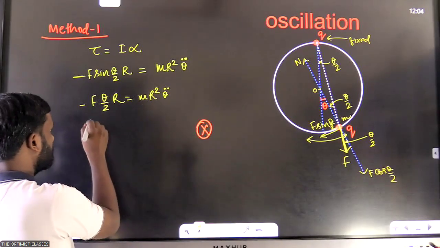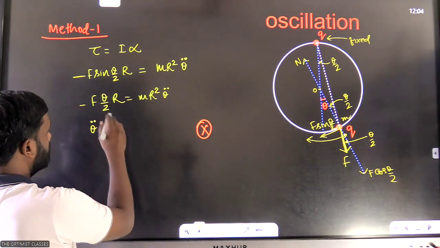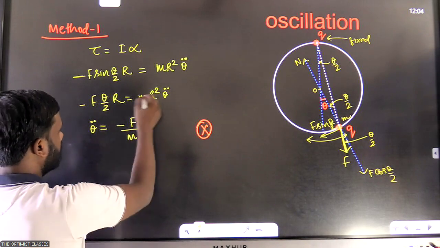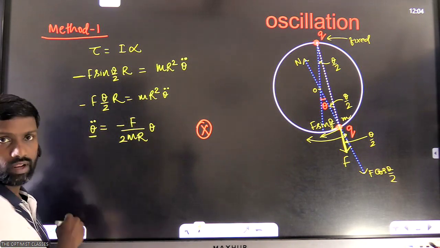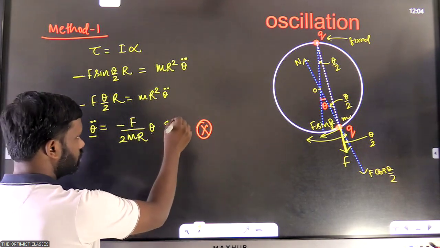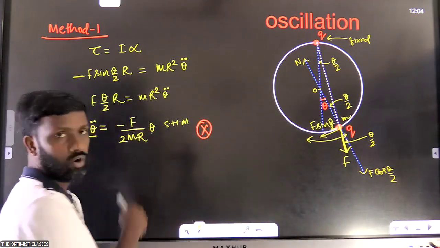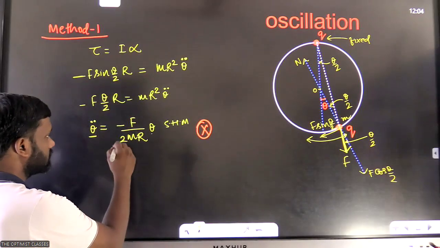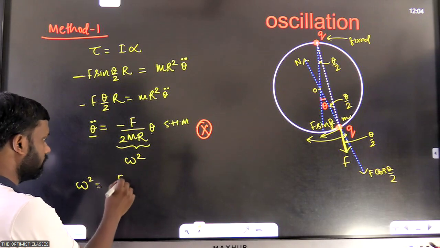We get theta double dot equal to minus F divided by 2MR times theta. Theta double dot is proportional to the negative of angular displacement, so this is simple harmonic motion. As I said, when the particle oscillates, the force on it almost remains constant. So this term is angular frequency square: omega square equals F divided by 2mR.